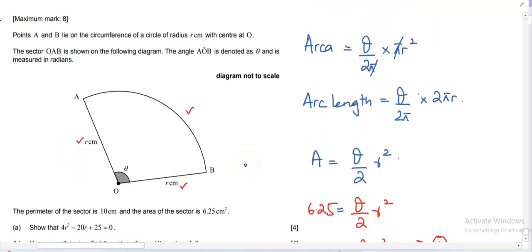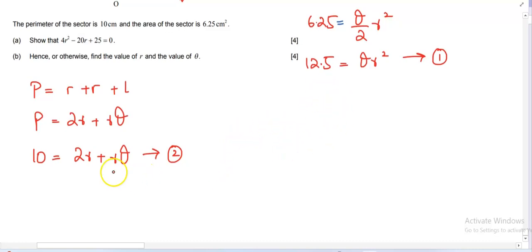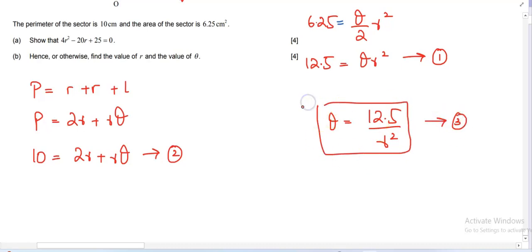Based on this second equation, I will substitute the value of theta, because I want the final equation in terms of r. So theta becomes 12.5 divided by r squared. This is my third equation, and I'll substitute it into the second one to see what I get. So 10 is equal to 2r plus r times 12.5 divided by r squared.